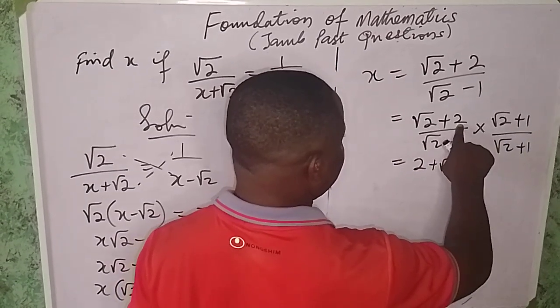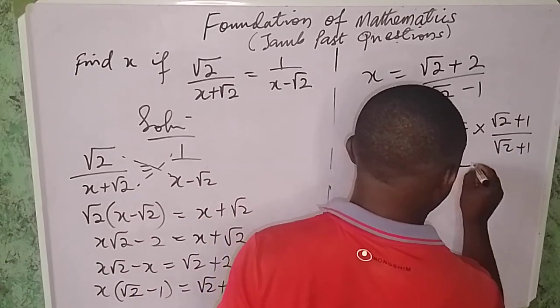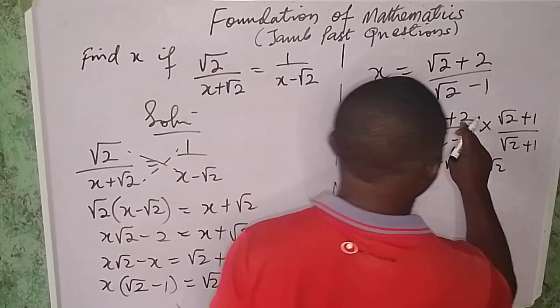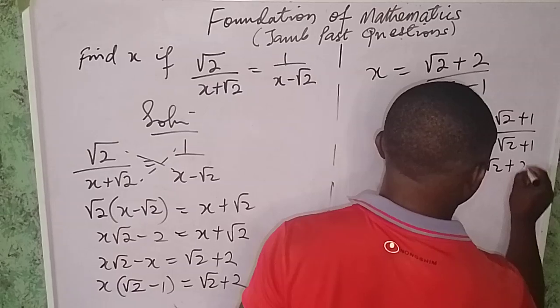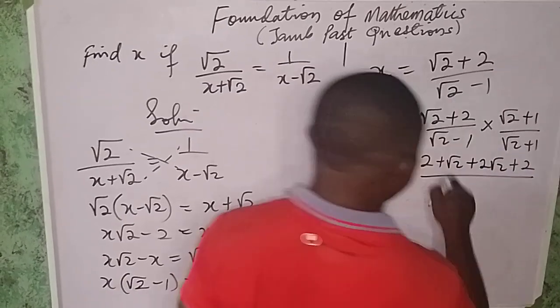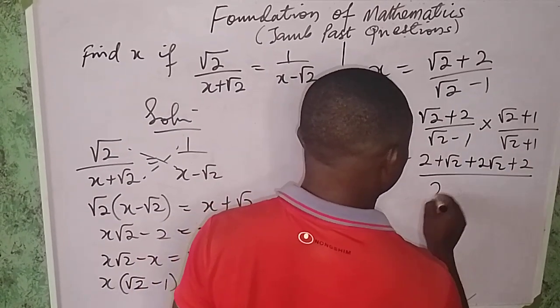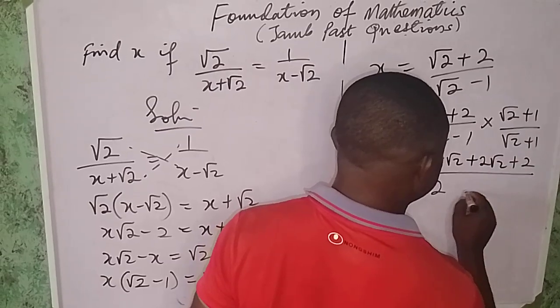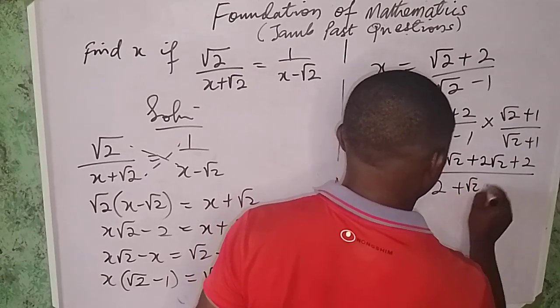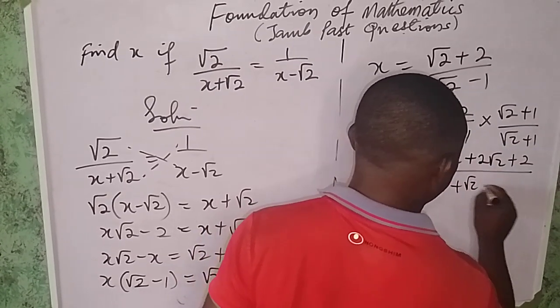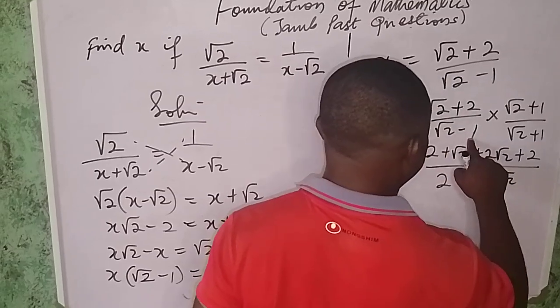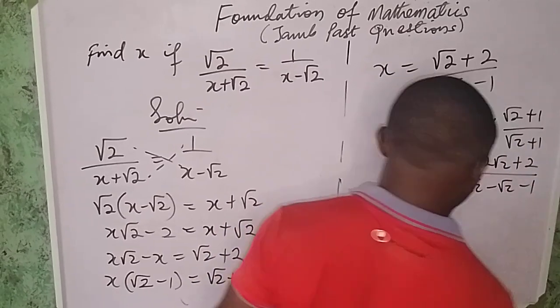Now we then make use of this. This times this will give us plus 2 root 2. Then this times this will give us plus 2. Then divide by, this times this will give us 2. This times this will give us plus root 2. Minus 1 times root 2 will give us minus root 2. Then minus 1 times 1 will give us minus 1.